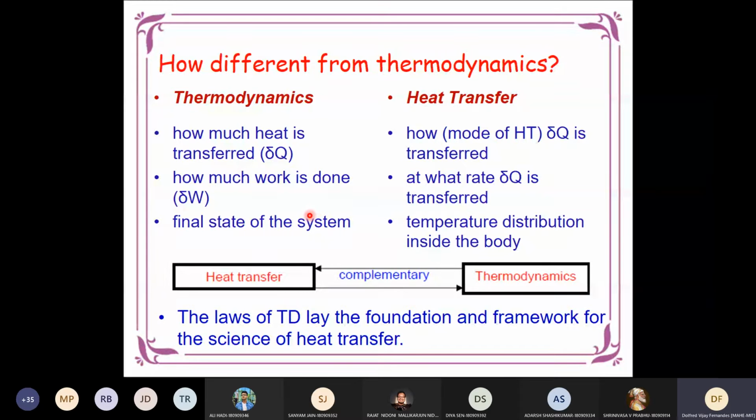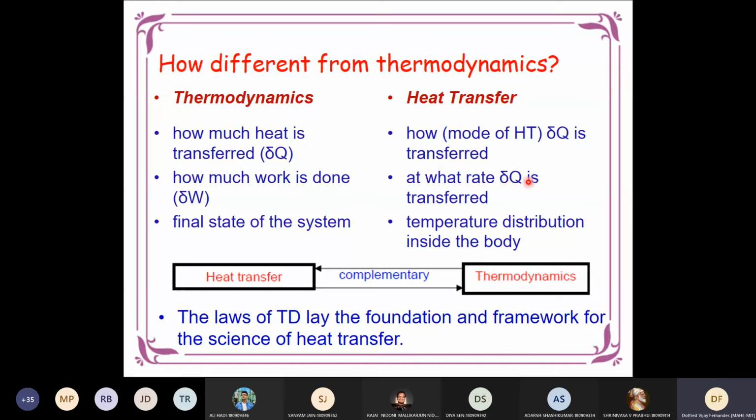So no cycle can give better efficiency than Carnot efficiency. That is what we estimate in thermodynamics. Then what we do in heat transfer then, right? Heat transfer gives the details of the mode of heat transfer, whether it is conduction, convection, or radiation.